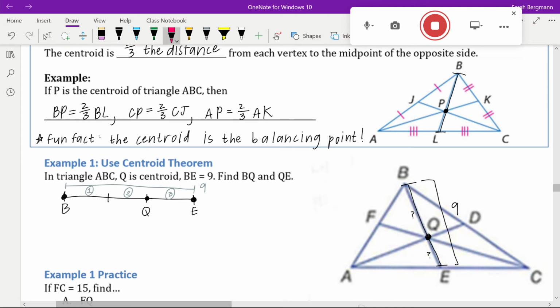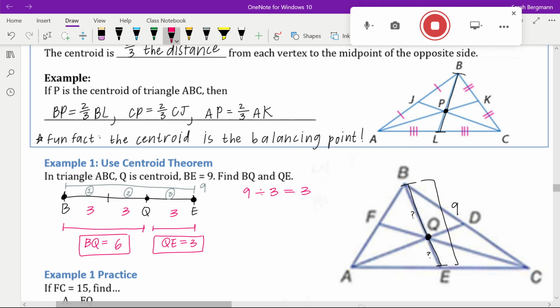Well, if we take 9 and divide it by 3, for the 3 equal sections, each section should be 3 units. Therefore, from B to Q is 6 units. From Q to E is 3 units.